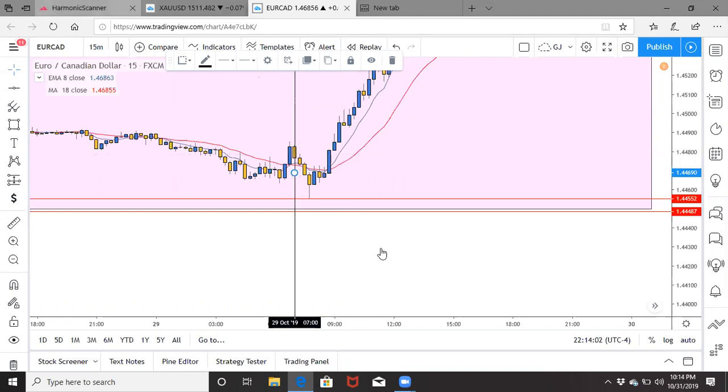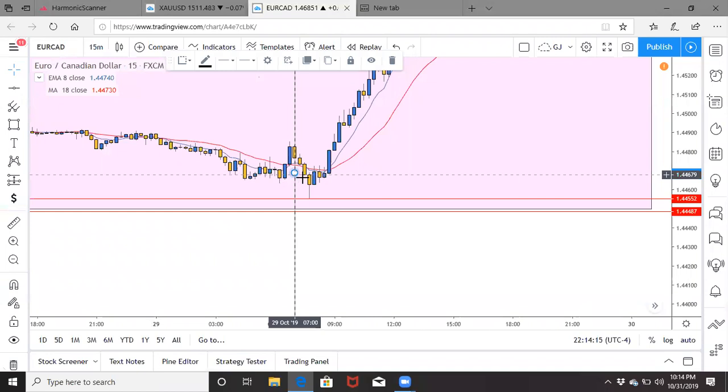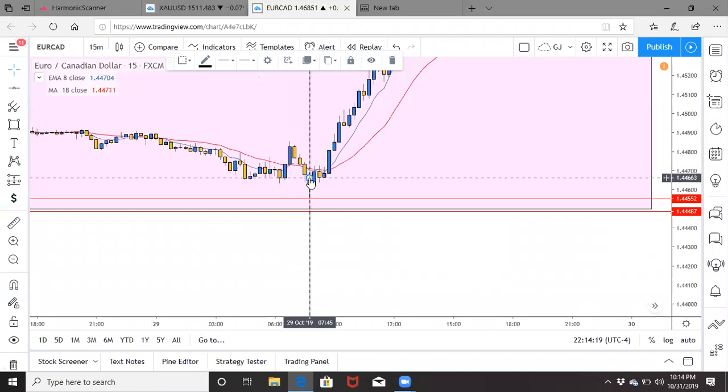This big bearish candle right here on the H1, this big red one, was made up by 15, 30, 45. Yeah, these four bearish candles. 1, 2, 3, 4. That's why you got that wick on the bottom. That made up that H1 candle, right?